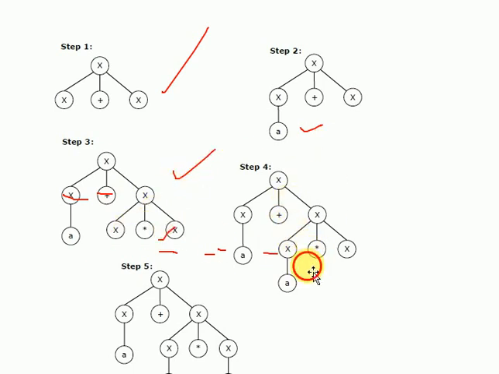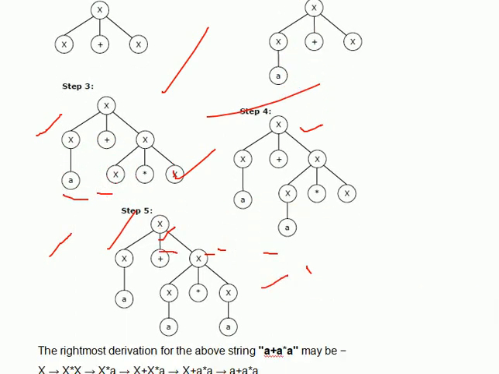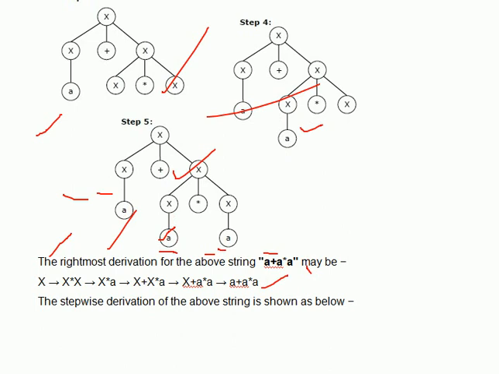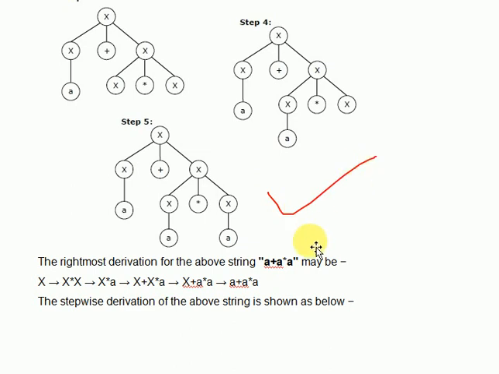Now you can see that the left hand side tree is expanded always. You can see this left part is expanded first. Finally we derive a tree. This is your final tree with left derivation.